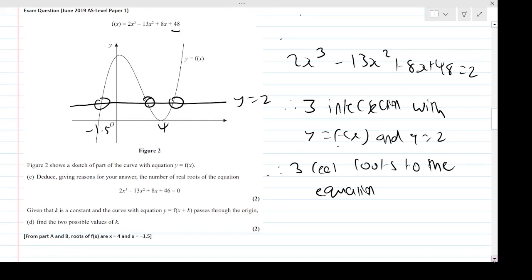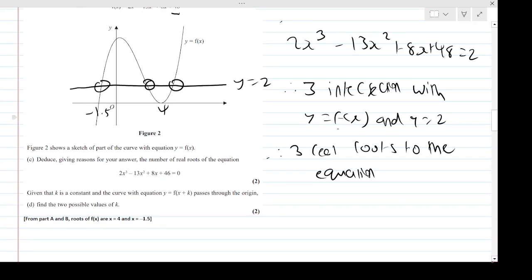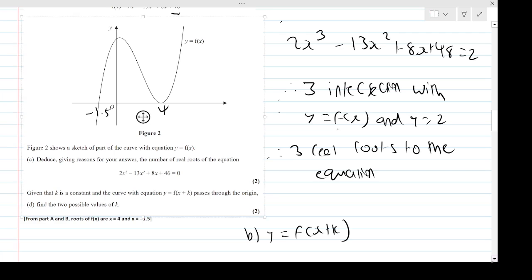And then for part B, we're told that k is a constant, and that the function is modified to y is now f of x plus k, and the curve passes through the origin, right? The curve passes through the origin there. And so the two possible values of k, what this is saying then, again, the plus k is inside the function.